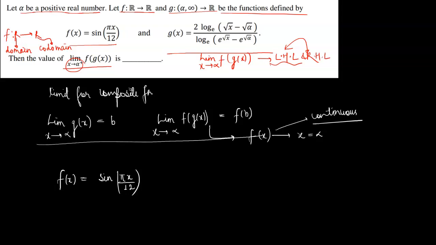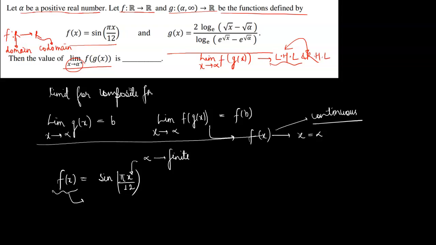At x equal to alpha, alpha will have some finite value. So f(x) is not going to break at that point, or at any point in the domain mentioned for g. So this concept can be applied here.